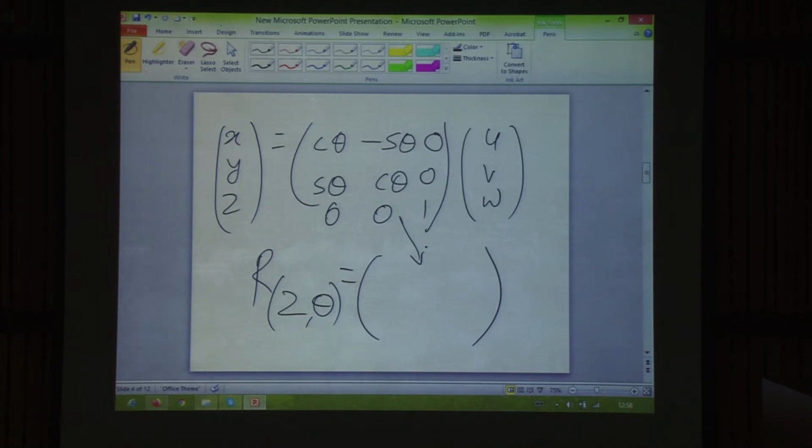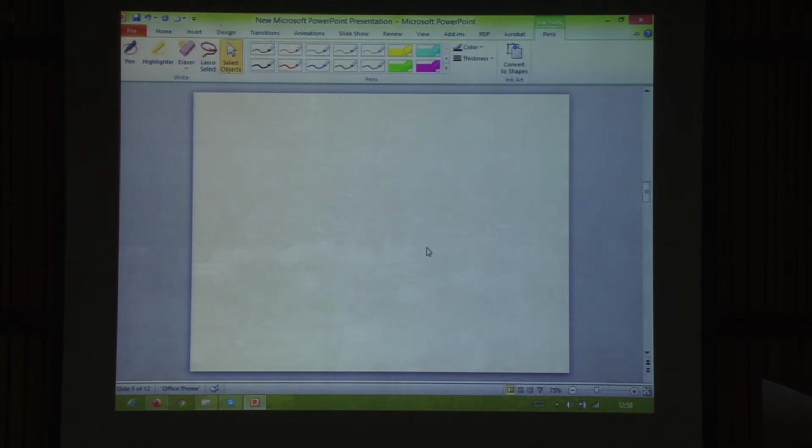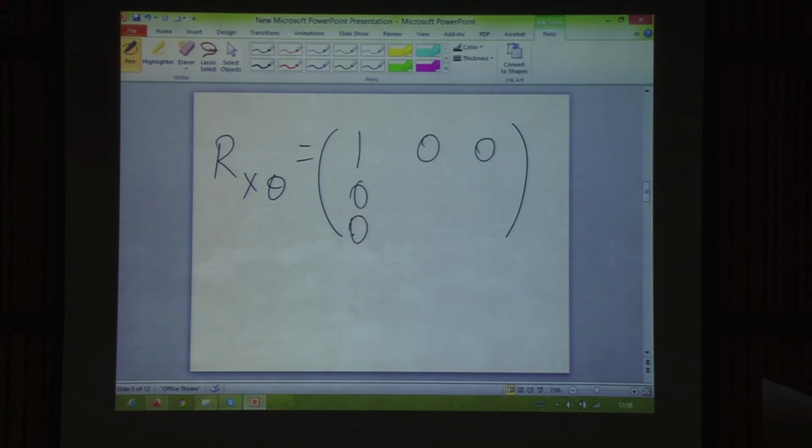Now if I rotate about the x axis, say R_x(theta), you are rotating about the x axis, so there is no change on the x axis and it remains 1 here. This part is automatic. Why?